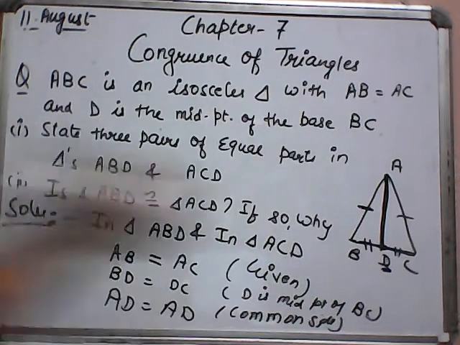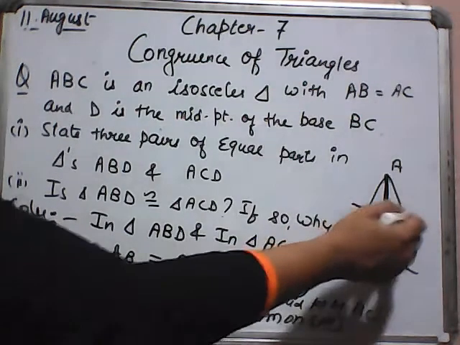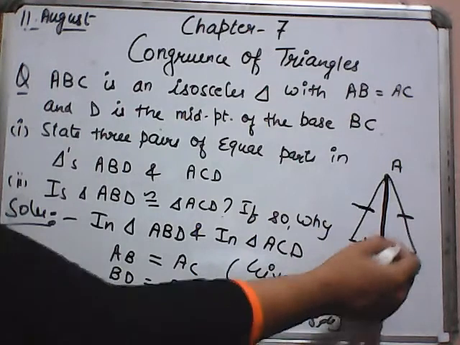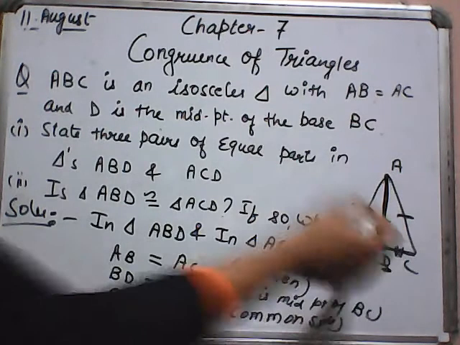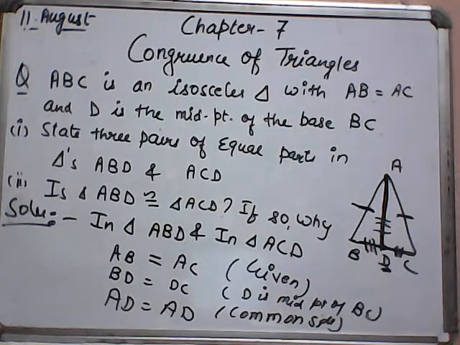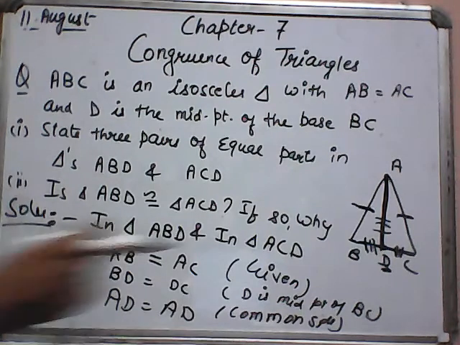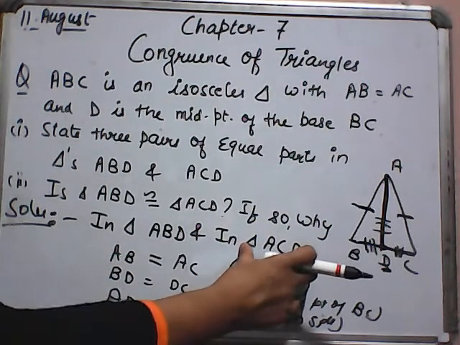Now, we check AB side is equal to AC, BD side is equal to DC, and AD side is equal to AD. Three sides of one triangle are equal to the corresponding three sides of another triangle. So, we can say these two triangles are congruent.